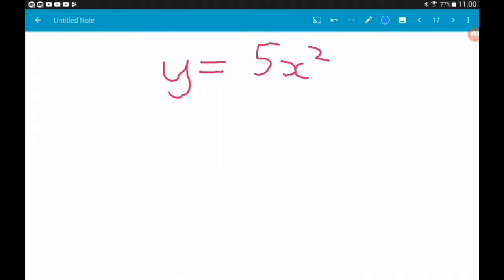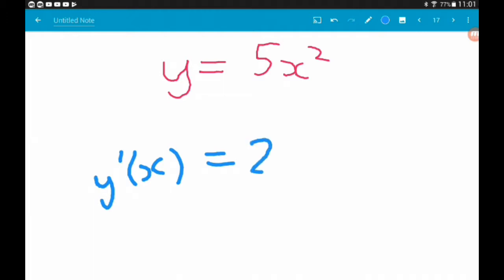Okay, next up, y equals 5x squared. So we've got a coefficient on the front, that's alright. So I'm going to use y dashed of x this time for the derivative, exactly the same thing as dy by dx. So the power comes down and multiplies the expression.